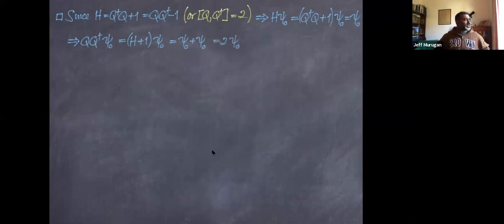So this Gaussian, which we just guessed as a 0 mode for the operator Q dagger Q, turns out to not only be a 0 mode of Q dagger Q, it turns out to be an eigenfunction of the Hamiltonian with eigenvalue 1.